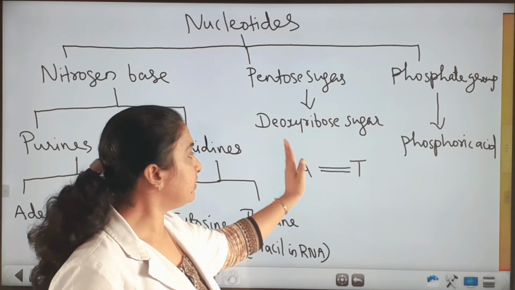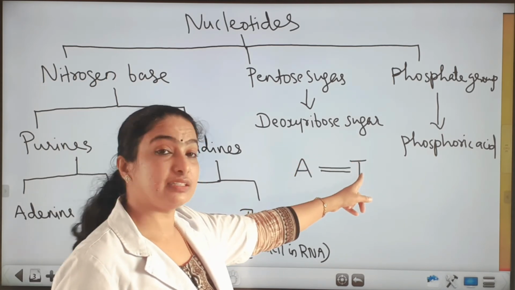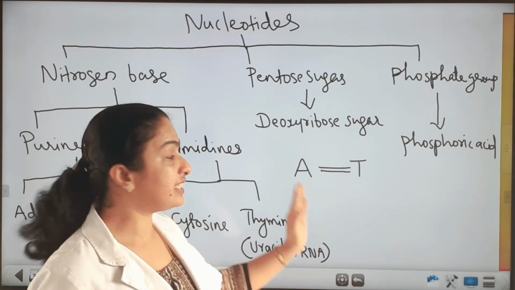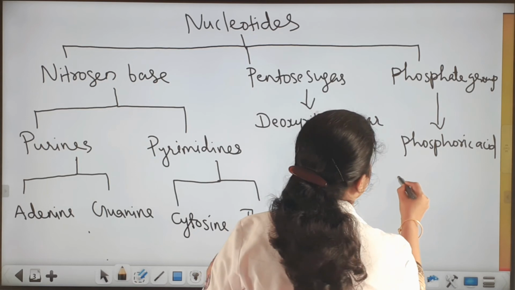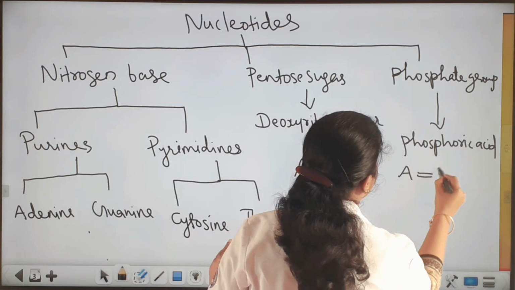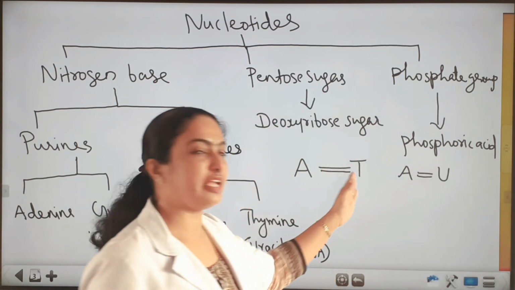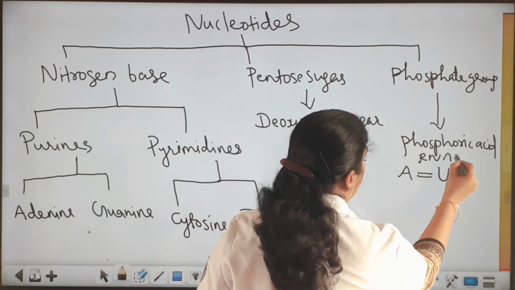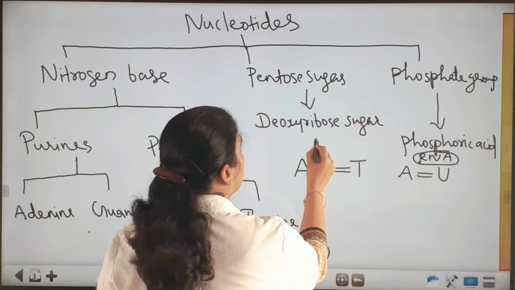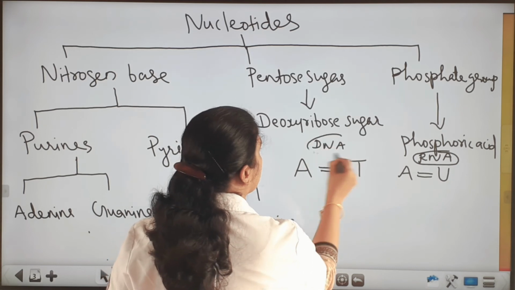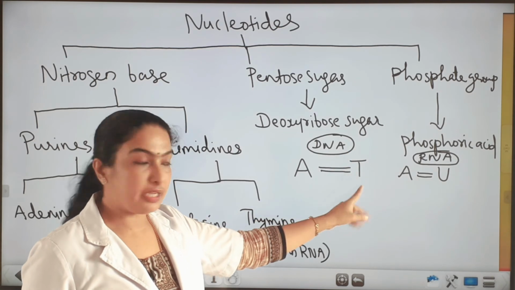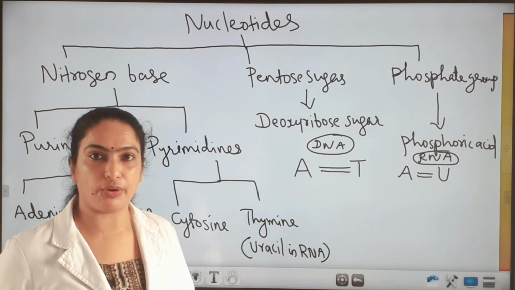If it is RNA, adenine base pairs with uracil because thymine is absent there. That is applicable in the case of RNA. But in DNA, adenine is always base paired with thymine through 2 hydrogen bonds.